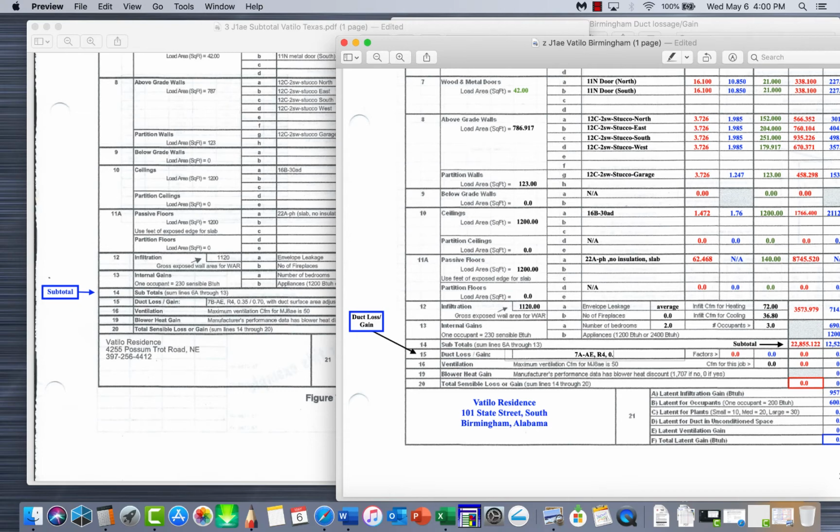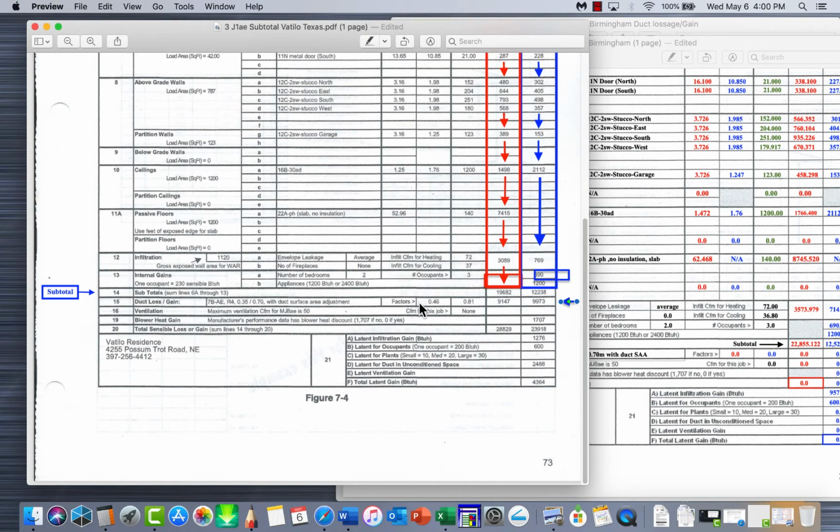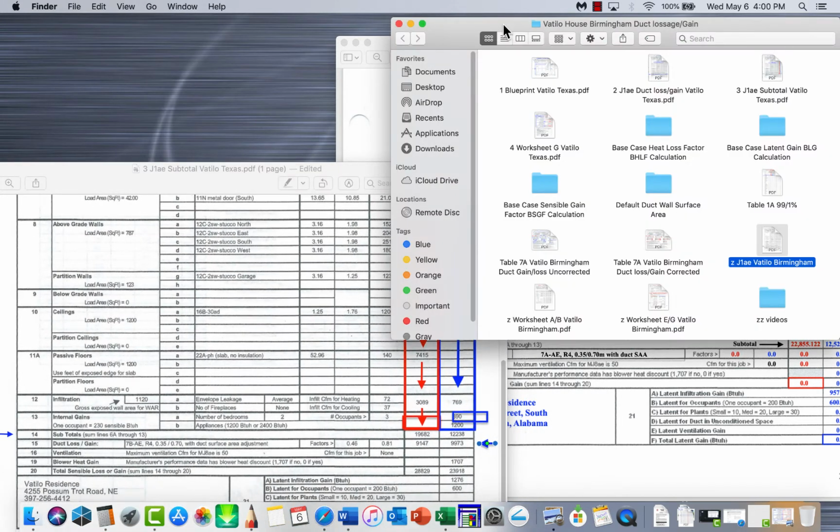The leakage rate was 0.35/0.70, and with duct surface area adjustment. I'm just going to put SAA in there. Okay. Next thing, these factors, is 0.46 and 0.81. Where did they get these numbers from? We're going to go back to their worksheet.